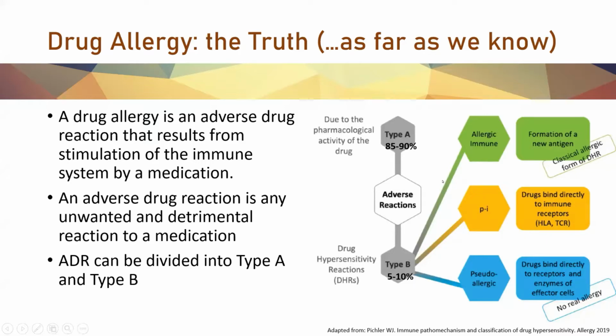What we usually call allergy is a drug hypersensitivity reaction with an immune mechanism. There is formation of a new antigen with the drug, recognition by the immune system, and several clinical manifestations, what we usually call drug allergy. There is the PI phenomenon, in which there is a direct stimulation of the drug on the immune system receptor.